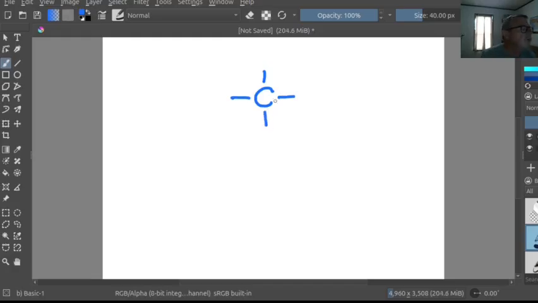Now, if all of these carbons were bound to hydrogens, don't worry, we'll get to amino acids in a minute, but if all 4 hydrogens were hooked up to carbon, then this would be, can you guess what this compound is?